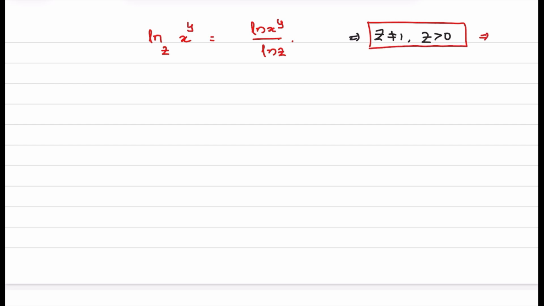Now, what is the integral we have to solve? The integral value is the double integral 0 to 1 of ln x to the power of y to the base z dx dy.